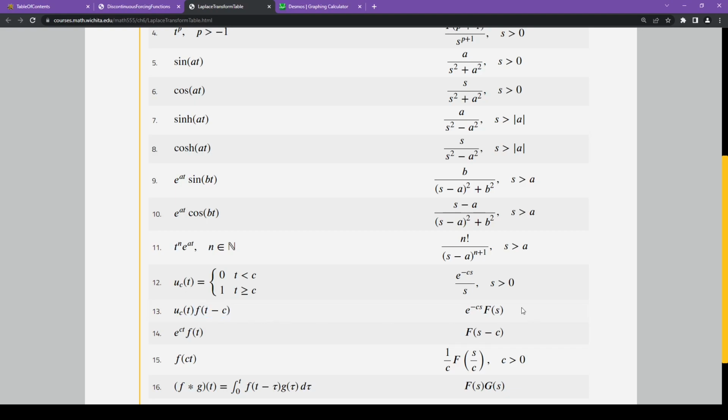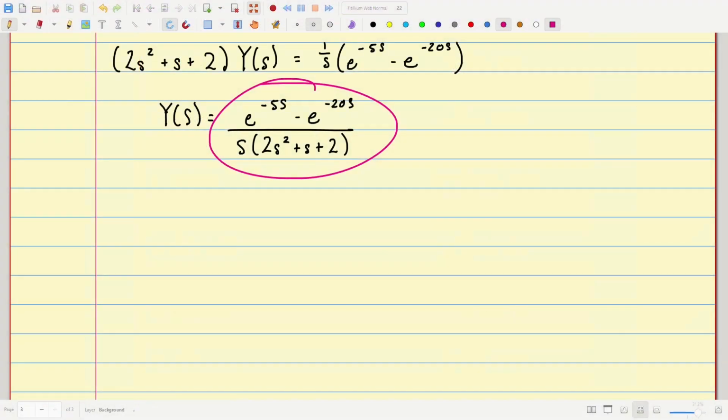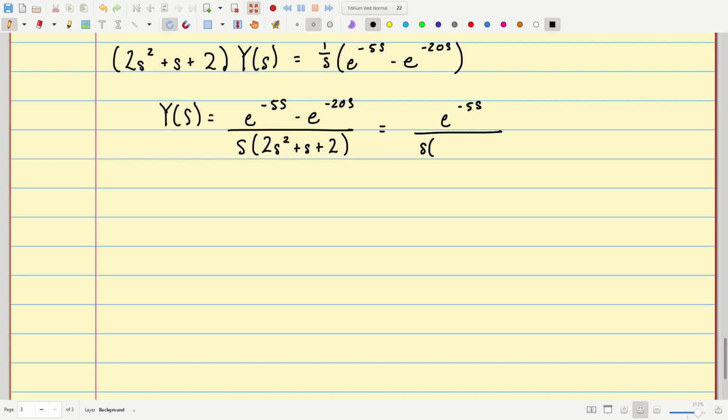This is going to be the key that we need in order to go backwards. Looking at this expression, I actually have two versions of that formula. What I need to do is rewrite this as e to the minus 5s over that denominator, minus e to the negative 20s over that denominator again.